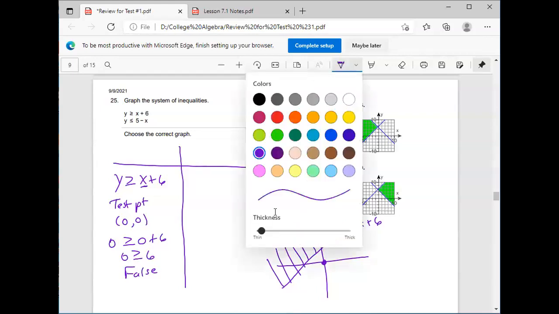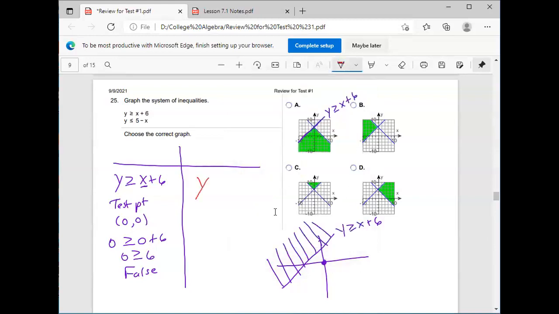Then I'm going to talk about this other line. So let's make it red. So Y is less than or equal to 5 minus X. Well, I know just from experience that that negative X means that line is going to be the one that's going down. If I didn't know, I could go to my table and figure out some points to figure out which line it was. Test point 0, 0.